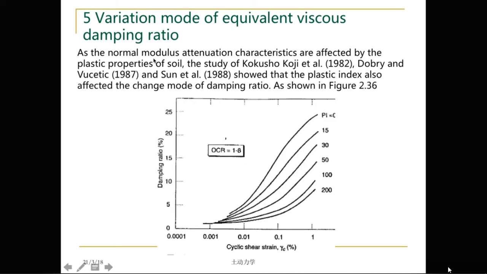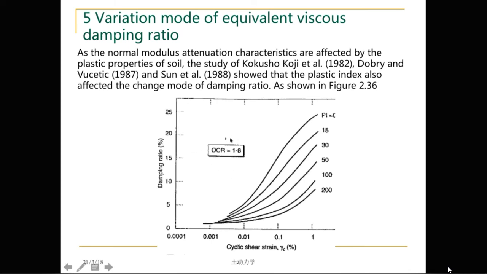As with the normal modulus, attenuation characteristics are affected by the plastic properties of soil. The studies of Kokusho and his team, Dobry and Vucetic, and Sun showed that the plasticity index also affects the change mode of the damping ratio, as seen in the following figure.